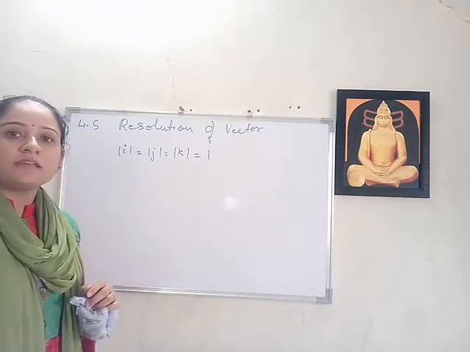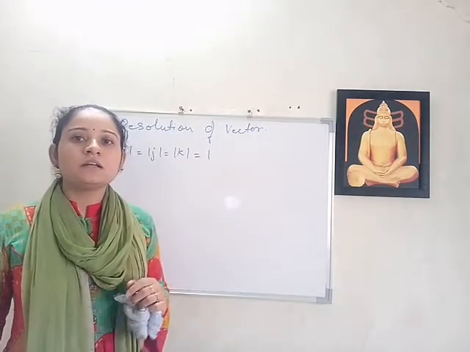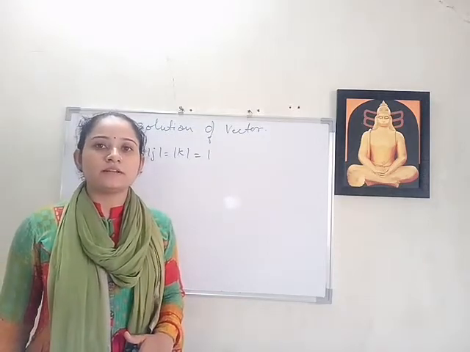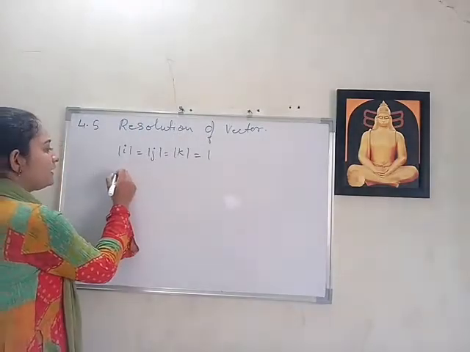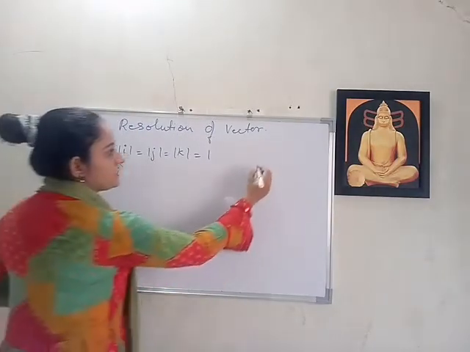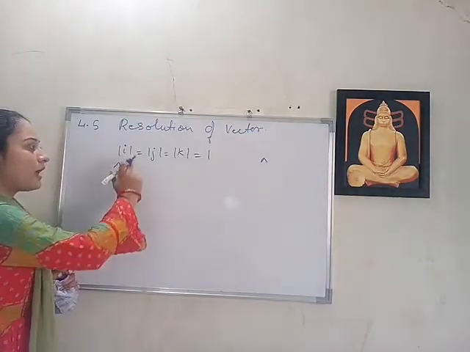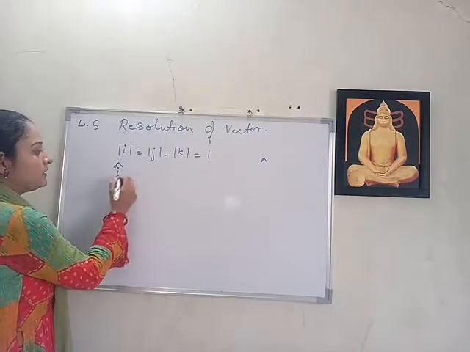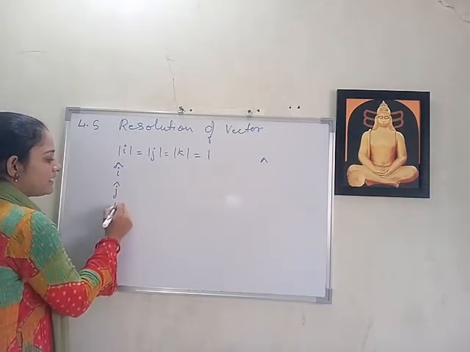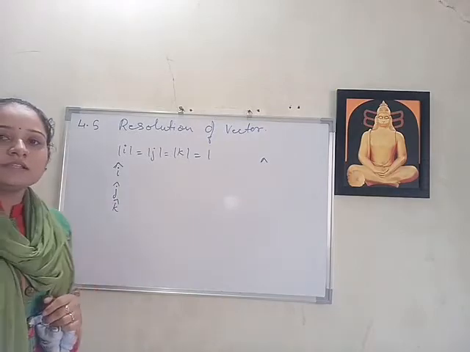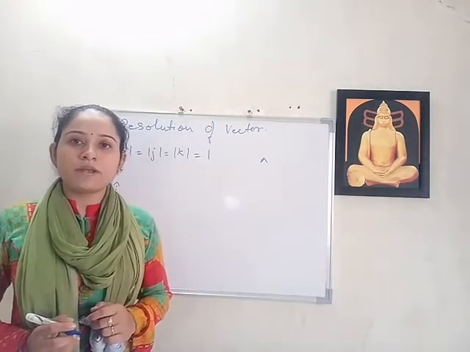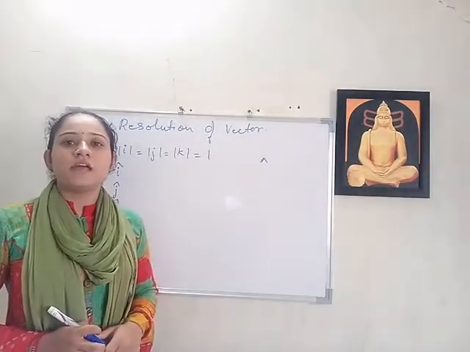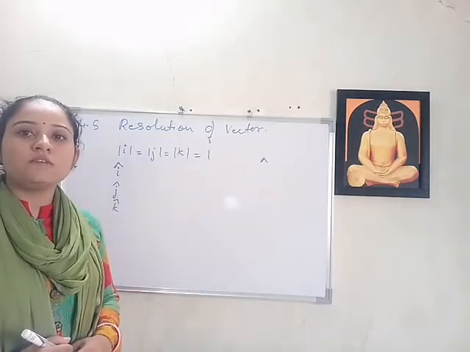In your book it is given in bold letters, but in writing practice it is not possible to write in bold letters, so we need to write a cap. This type of cap is put on i, j and k vectors. These unit vectors are always perpendicular to each other. A unit vector does not have any unit or dimensional formula.